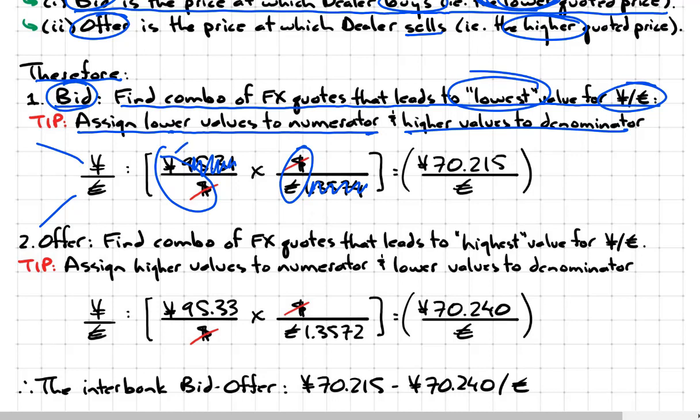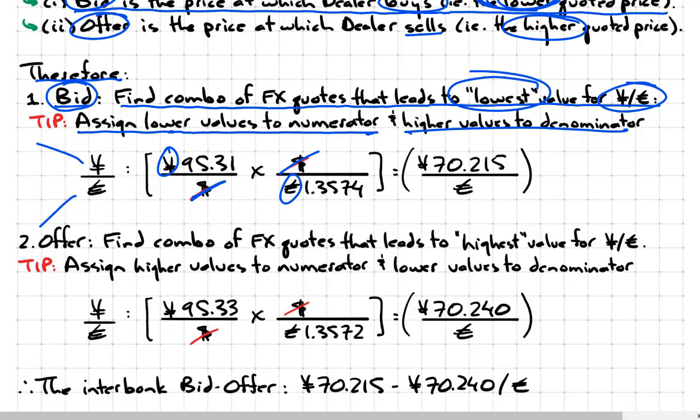The yen here is in the numerator, so automatically the dollar here would be in the denominator. But here, the euro is in the denominator because that's where it belongs, and therefore the dollar would automatically be in the numerator. But now watch what happens. The dollars cancel out, and then you're just left with yen over euro. That's the algebra, setting up numerator and denominator.